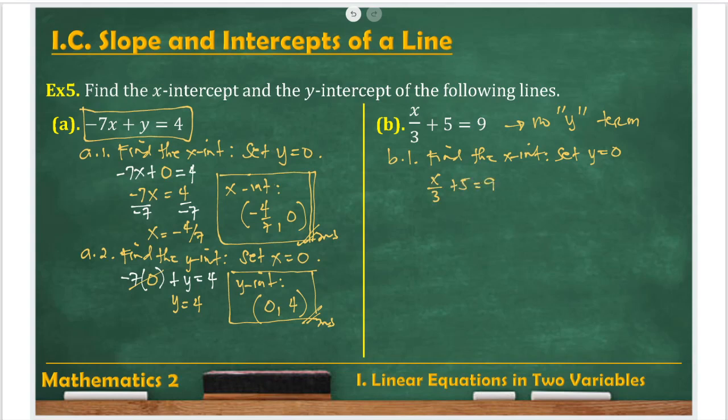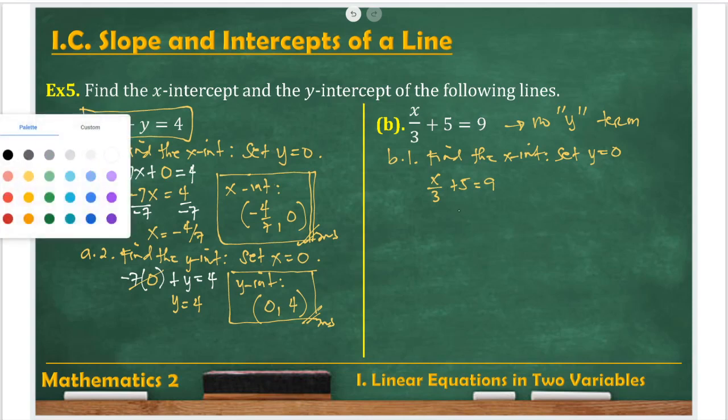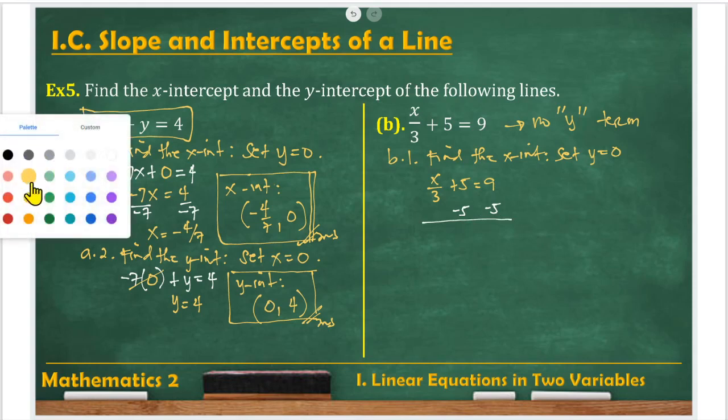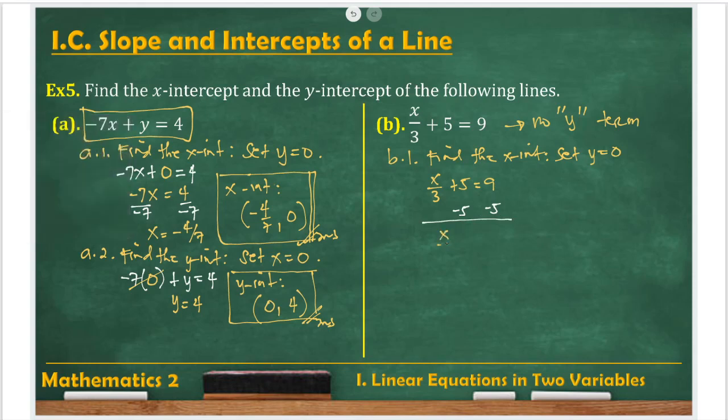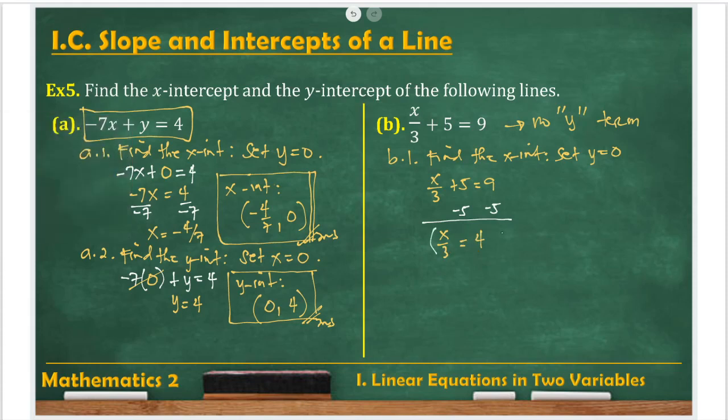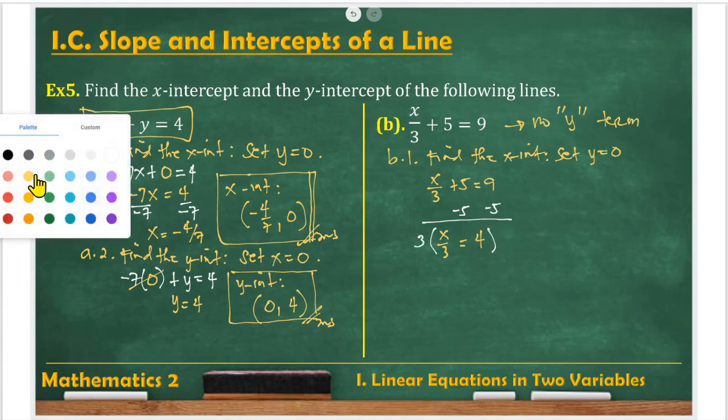Okay, solving for x, we subtract 5 from both sides. That's the same as transposing the 5 to the right side. So we will have x over 3 plus 5 minus 5 is 0 is equal to 9 minus 5, which is equal to 4. After that, since we're solving for x, we multiply both sides of the equation by 3, the LCD.